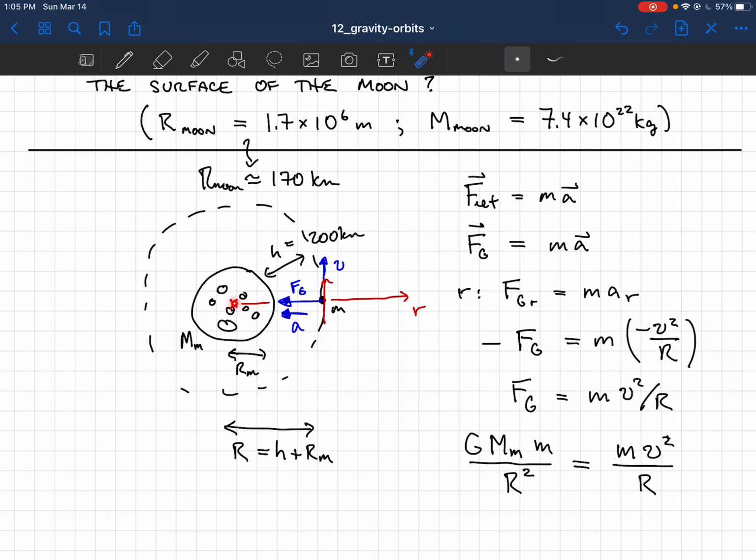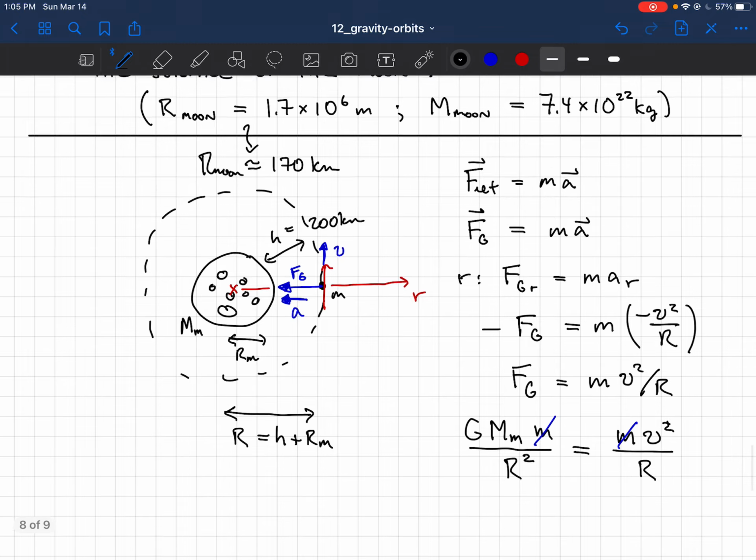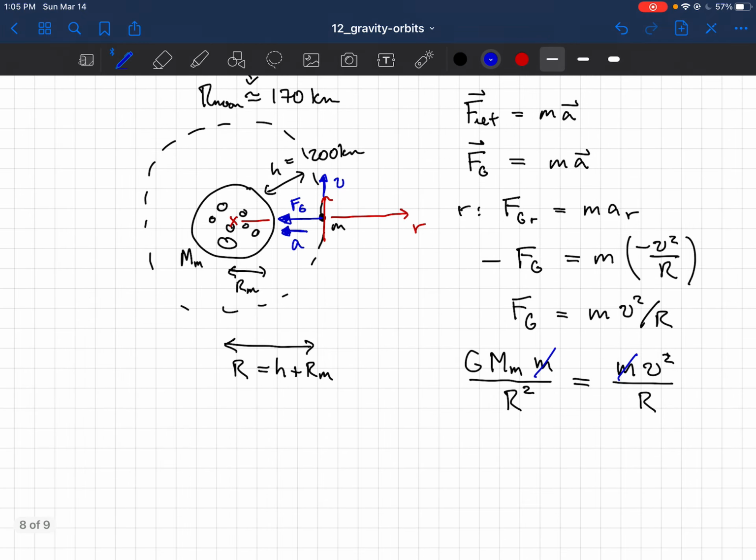The center of the circular orbit is the center of the moon, which means that it's the distance from the satellite to the moon. So we can solve this, and we can solve it because even though we weren't given the mass of the satellite, that cancels out, and we can get an expression for v.